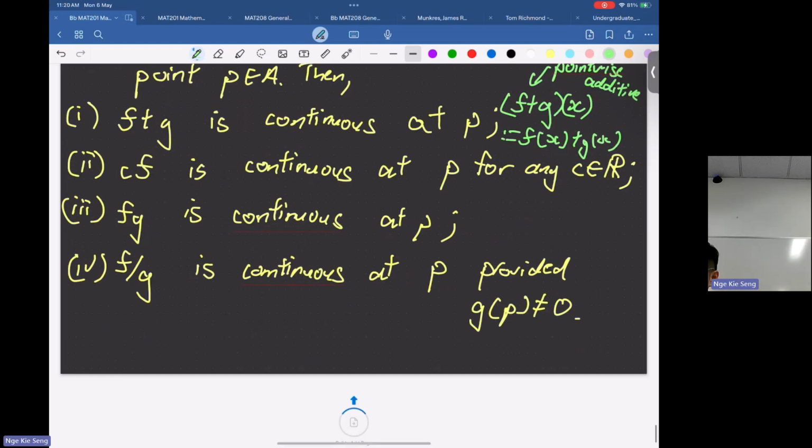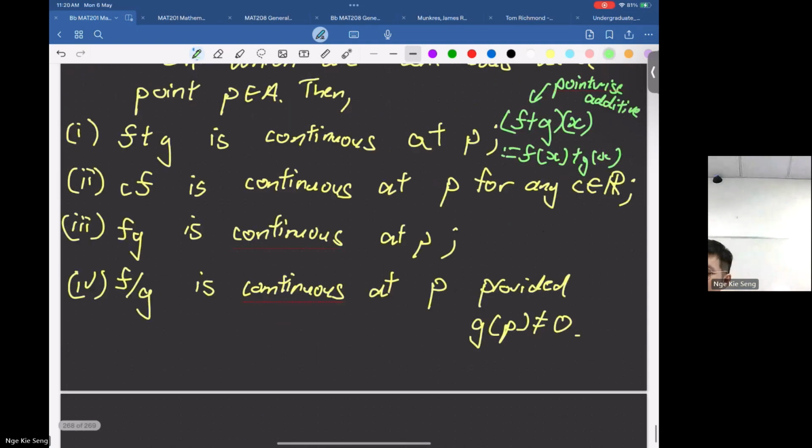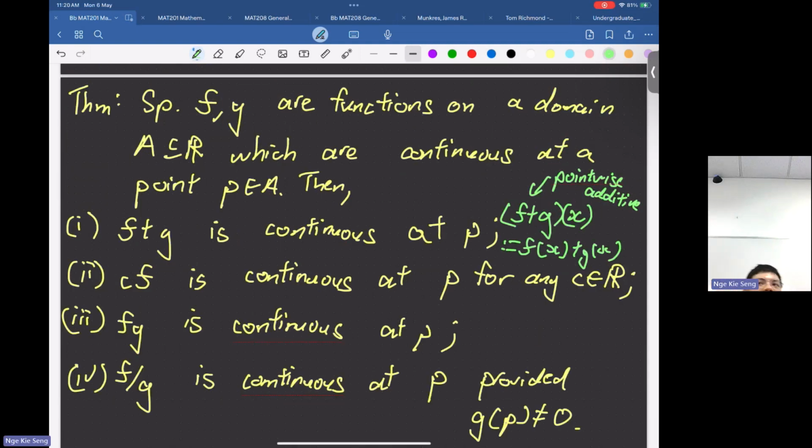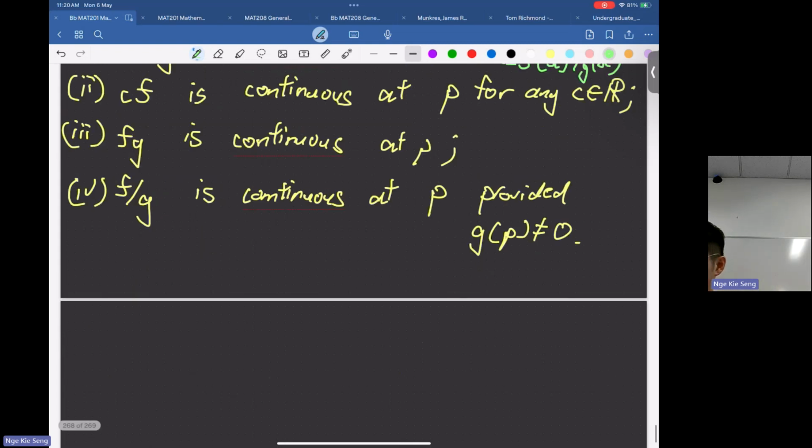Okay, so how to prove this? Any idea? What do we want to show? Let's say we want to show the first one: f plus g is continuous at p. What does it mean? For every sequence that converges to p, I want f plus g of that sequence to also converge to (f plus g)(p).